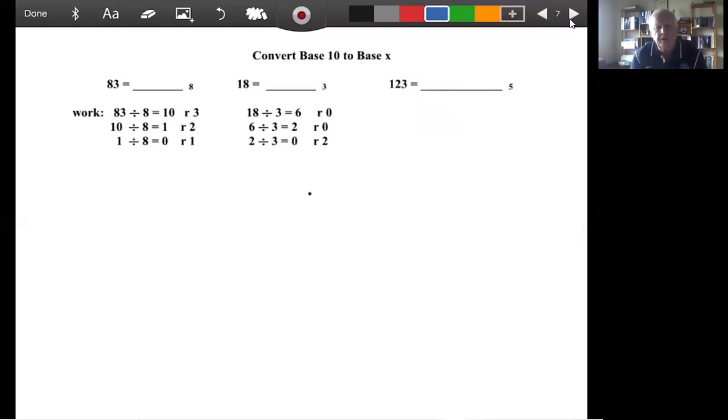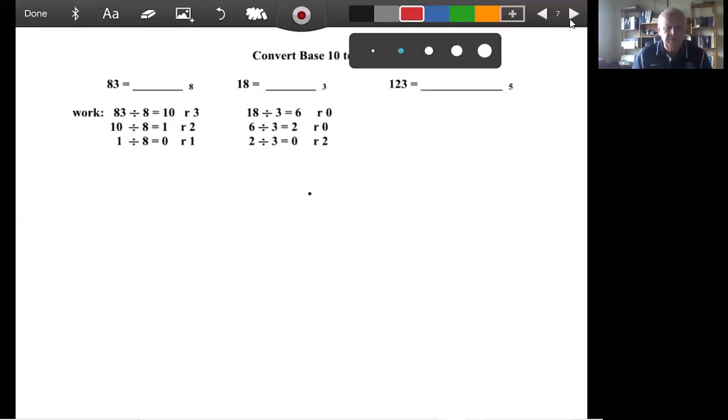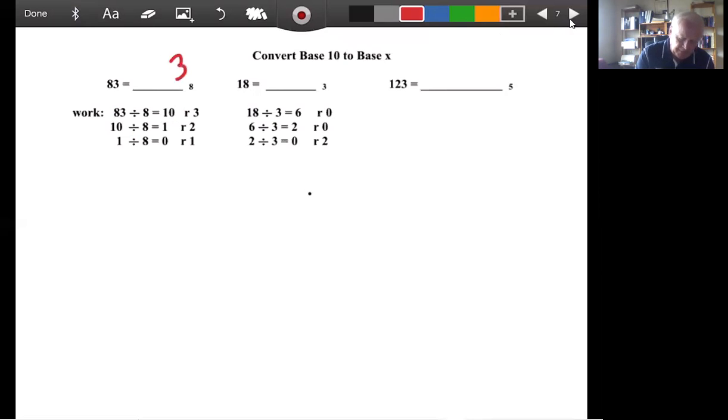Now let's go the other direction. Let's go base 10 to base x. It's an interesting thing because we use a division process to make this work, and you can do this easily in your mind by writing down remainders. If I take 83 and divide by 8, I get 10 with a remainder of 3, so I can write down the 3. Then I have 10 left over, so 10 divided by 8 is 1 with a remainder of 2, so I'll write down the 2.